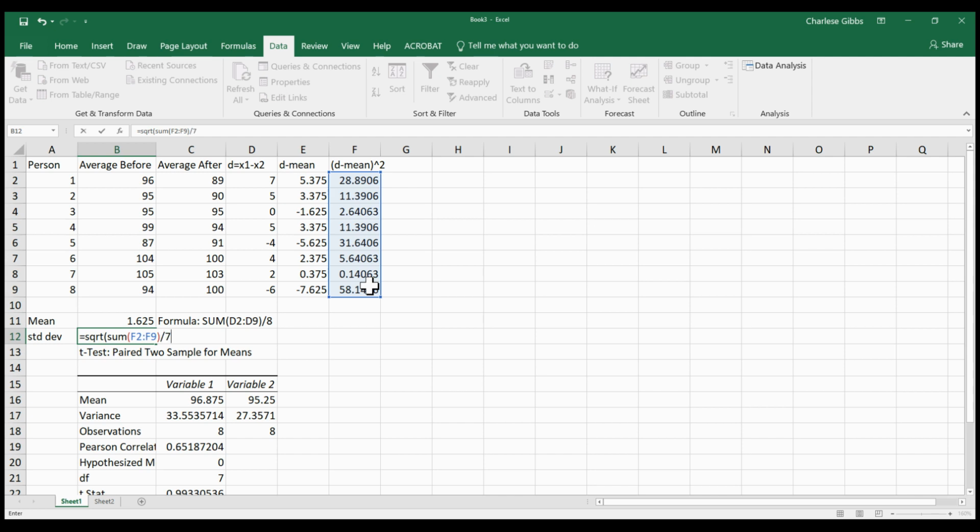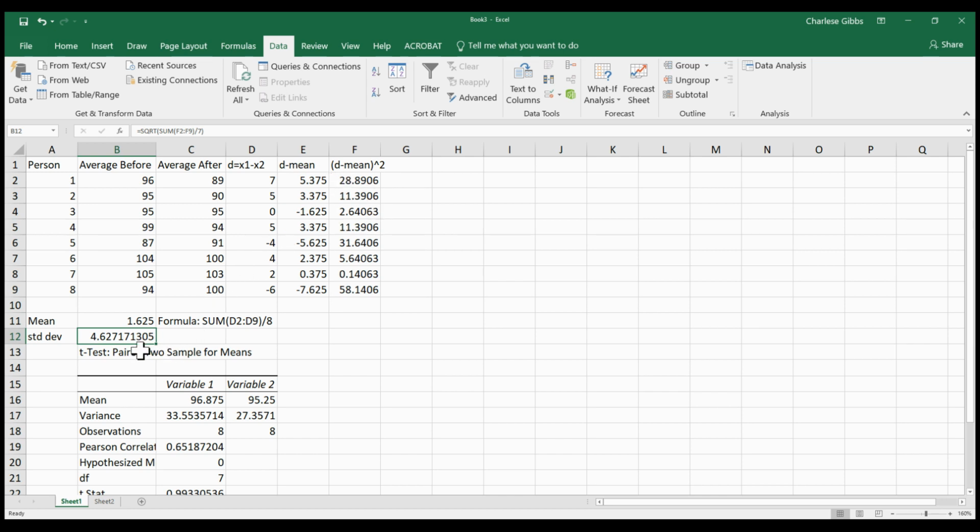Again, you don't want to put n minus 1 in here. You actually want to put that one number, because if you don't, it will give you an error. And so that's how you find the standard deviation when you have Excel and you're using the two paired sample or the dependent sample.